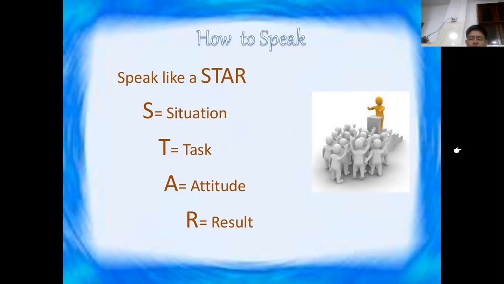And the last one, result. You have to expect the result. You have to think about what you want from your speech, and what result it is going to be after you speak.